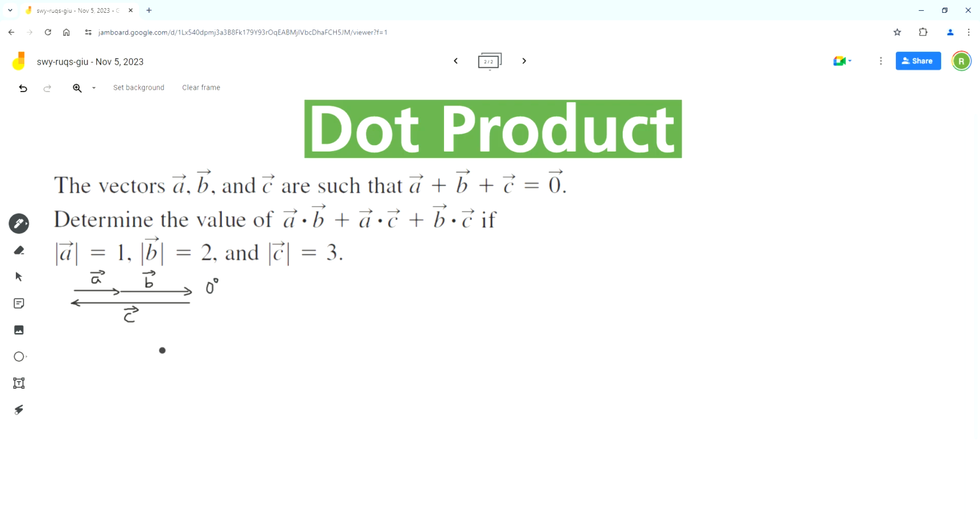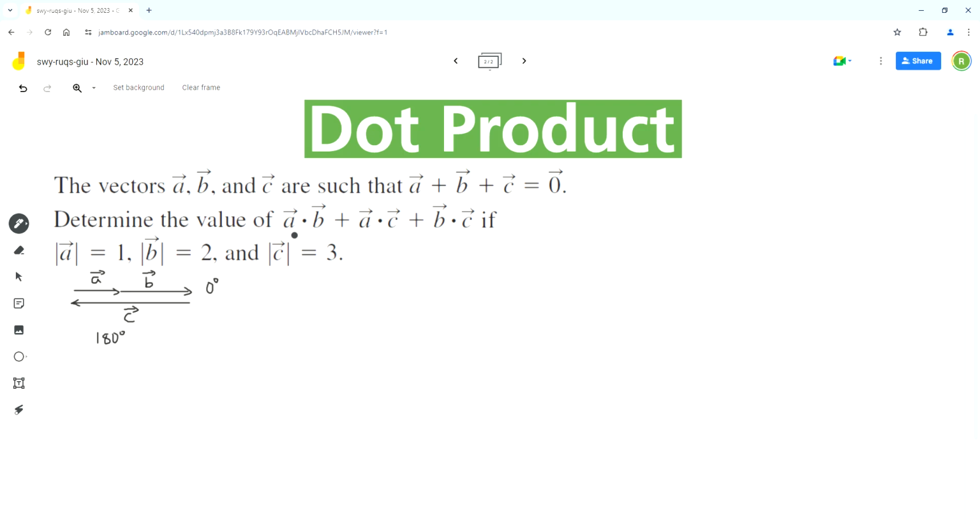And the angle between vectors A and C and B and C is 180 degrees, because A and C are in opposite direction, similarly B and C are in opposite direction. So there's a very important concept that we'll use to solve this problem.